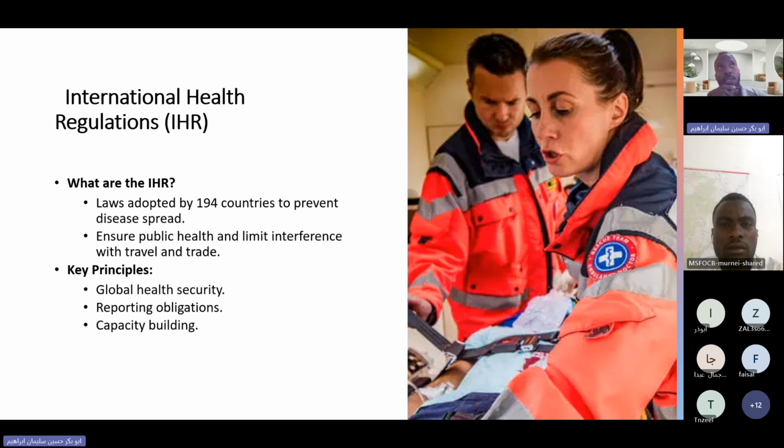And also let me say, in Sudan, the third case of COVID-19, which took place in 2020, came from Italy.